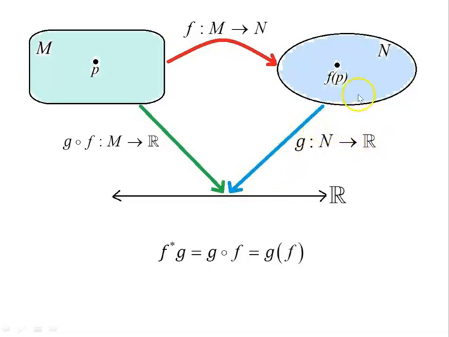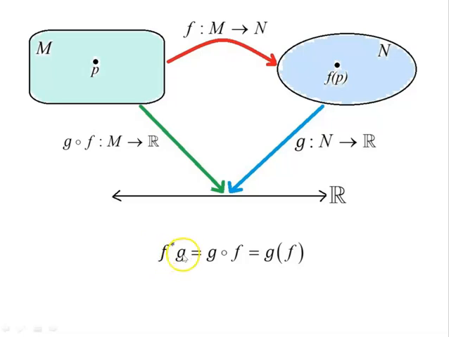Now we can pull g back to M, and what does it give us? Well, pulling g back to M means going back this way around, and what we end up with is g composed with f.